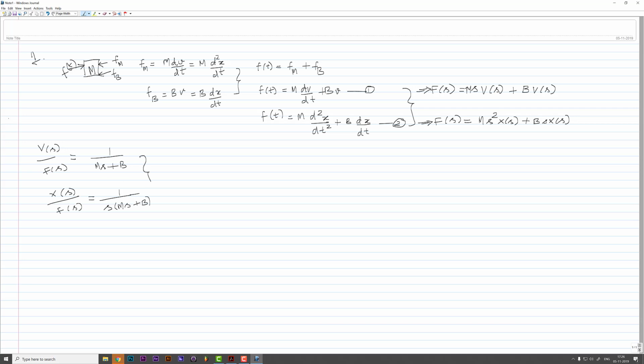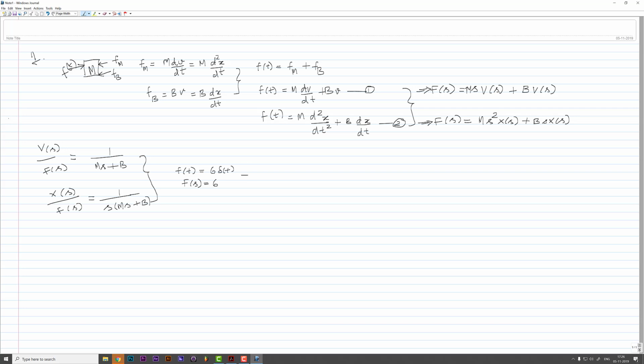Okay, so now the question is, these are the transfer functions with variables v and x as outputs, and what is given as f of t is an impulse function with a magnitude of 6. Okay, so this is what is given. The Laplace transform of an impulse signal is 1, and therefore the total Laplace transform of this is simply 6.